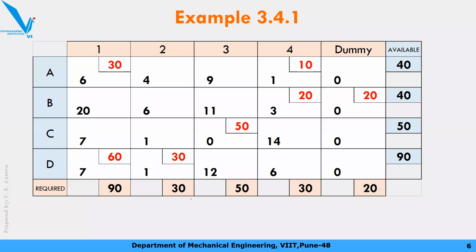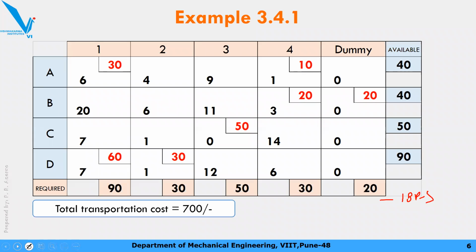Now the next calculation. Up to this step, we call this step the initial basic feasible solution, and the transportation cost for the initial basic feasible solution, if you do the calculation, will be 700 rupees. So how to calculate this?